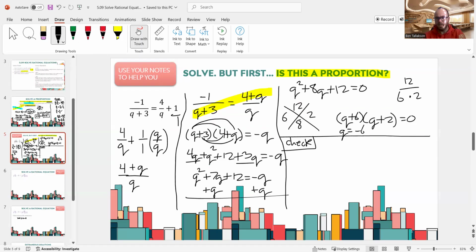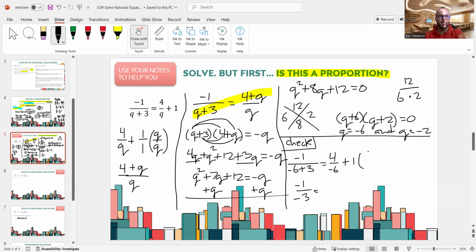Of course, this would give us -6 and -2, right? Set each factor equal to 0, solve for q. These are very simple, so it's just the opposite sign. And we're going to go back to our original equation, right? This right here. And we're going to sub and solve. We're starting with -6. So what do I get? -1 over -3. You want to add these, so you multiply this by a fancy form of 1.